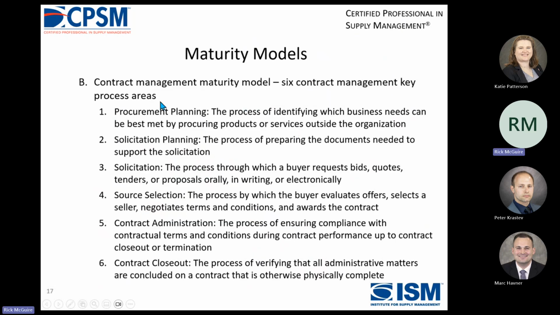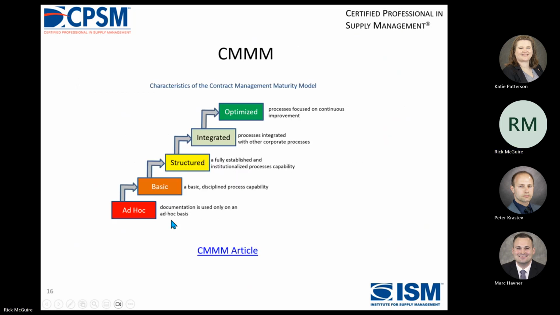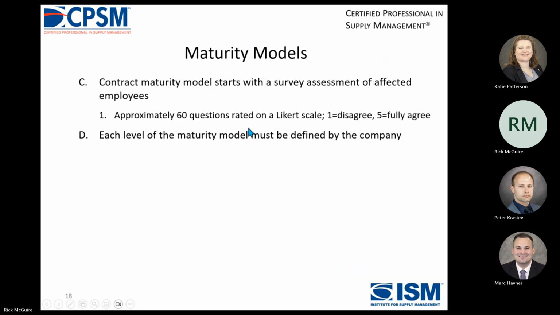There are 6 contract management process areas: procurement planning, which the government calls solicitation, but it's sending out the RFQ, then source selection, contract administration, and contract closeout. So those are the 6 steps in their maturity model. It starts with a survey of assessment.